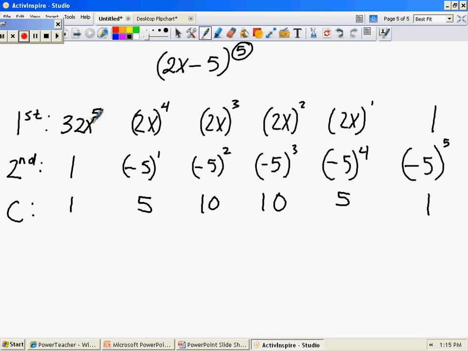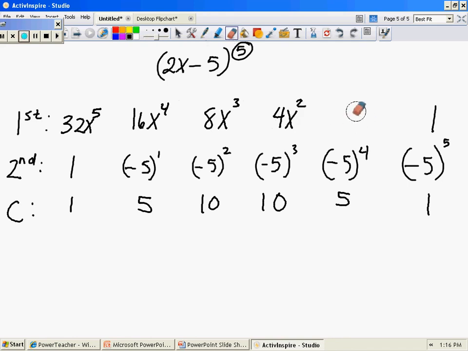And of course, you have your x to the 5th. What's 2x to the 4th going to be? 16x to the 4th, right? And the next one will be 8x to the 3rd. Good. Next one will be 4x squared. And the last one is just going to be 2x. And then we're done with that row.